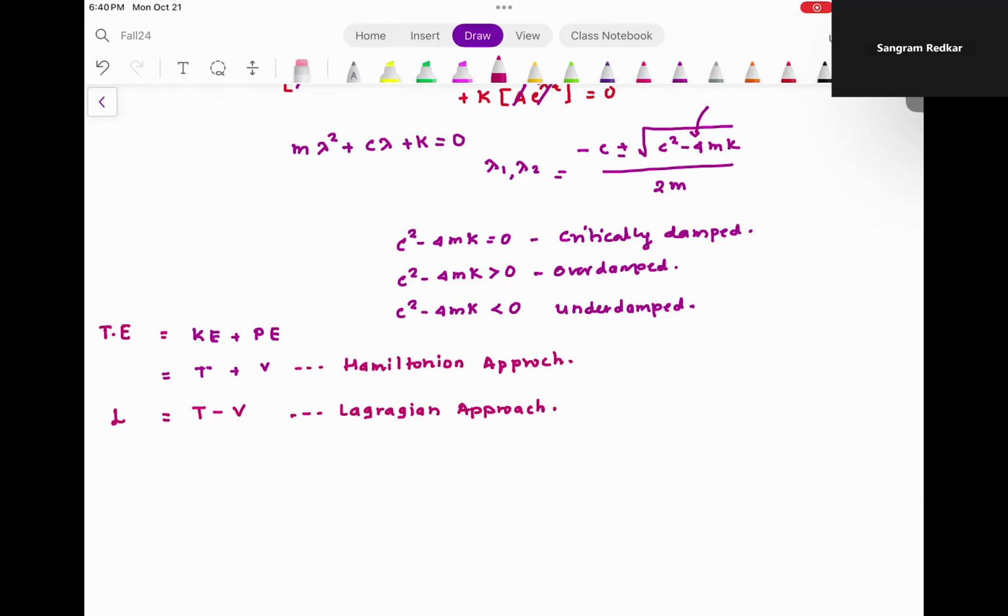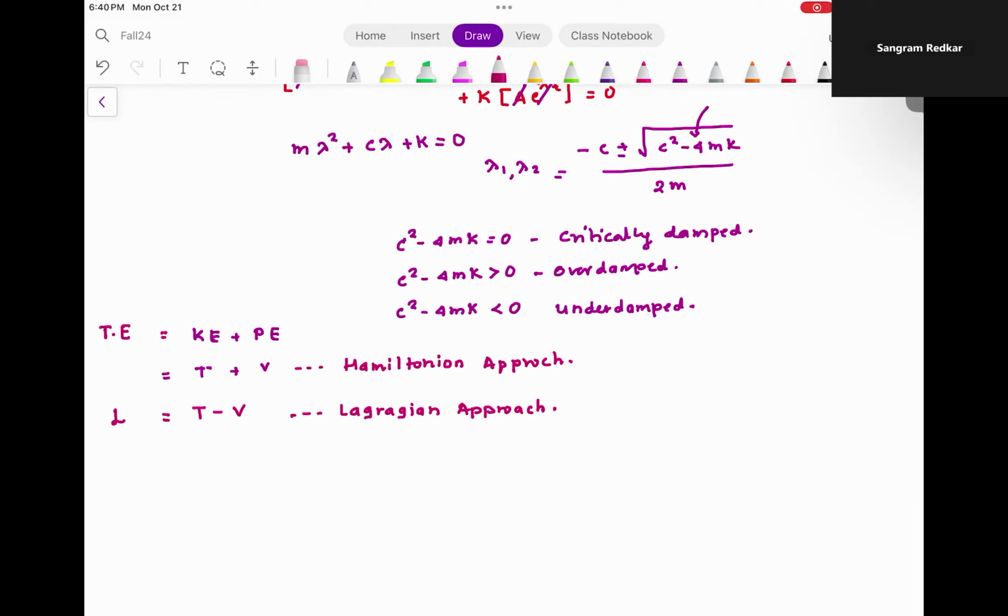You look at the system and find out the total potential energy. You look at the kinetic energy of the system and find out the total kinetic energy. And then you will find out this Lagrangian.